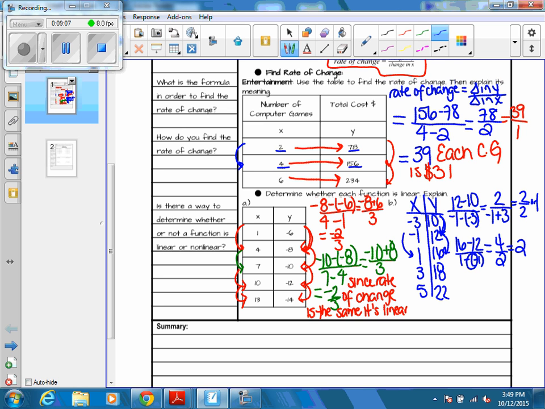Now, if we look at the difference, these are not consistent. They change. So therefore, this is not linear. All right, it's not linear because the rate of change is not constant.